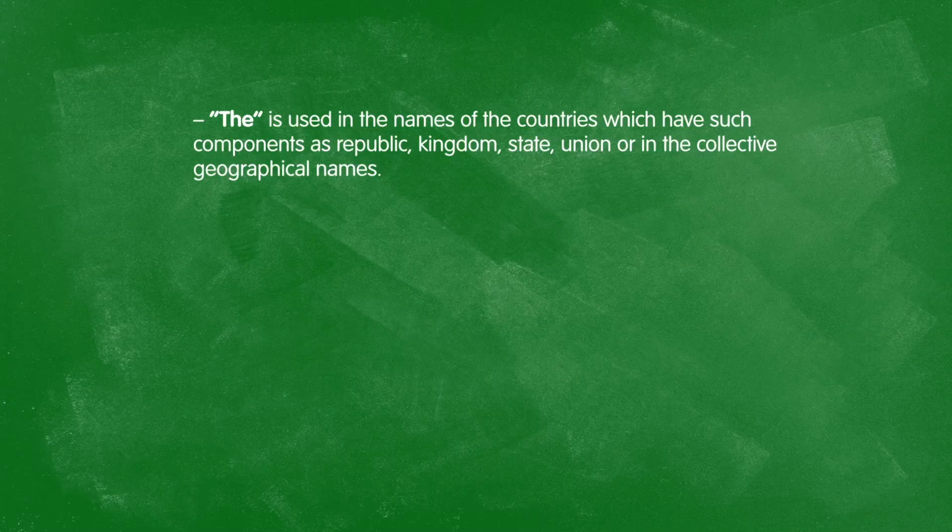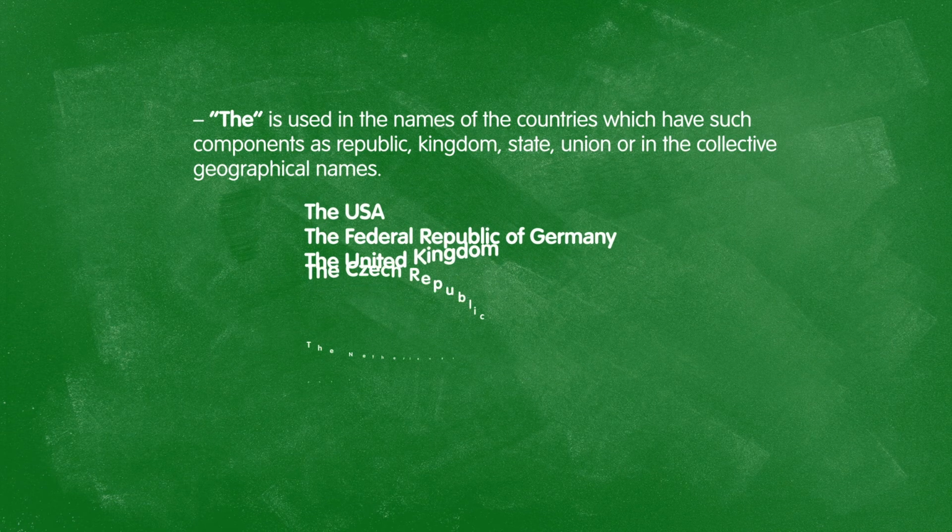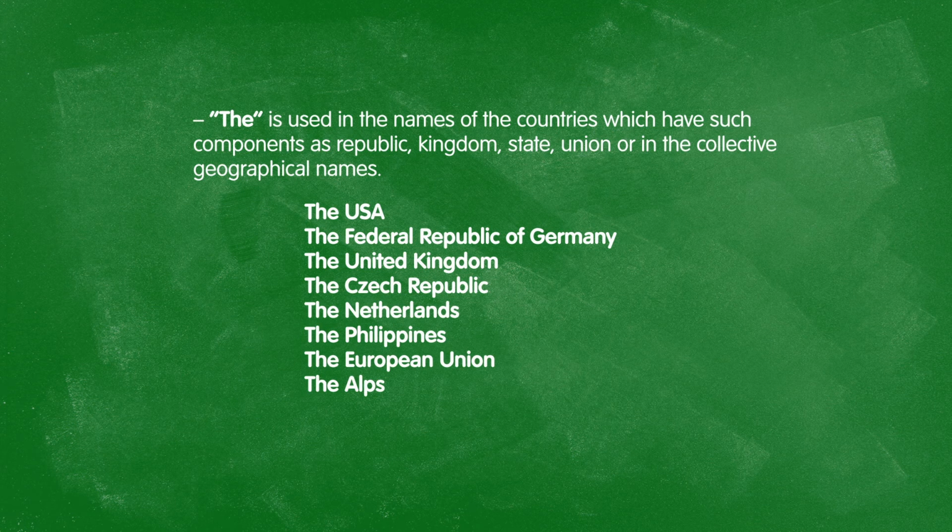Now, you should also memorize some of the more specific usages of the. For example, we use the when we're talking about the names of countries or places, which include the following words: republic, kingdom, state, union, or they are a collective geographic name, such as in the examples, the USA, the Federal Republic of Germany, the United Kingdom, the Czech Republic, the Netherlands, the Philippines, the European Union, or the Alps.